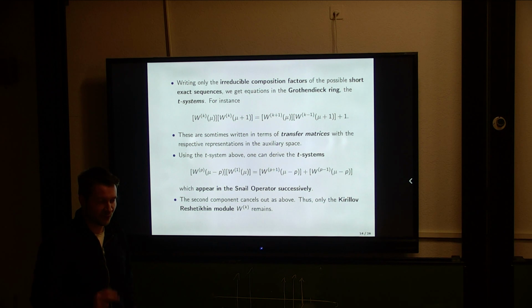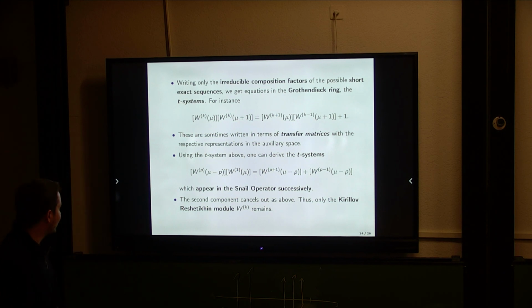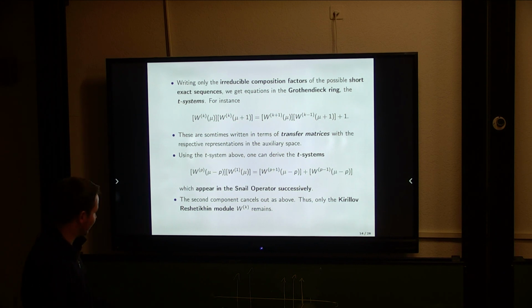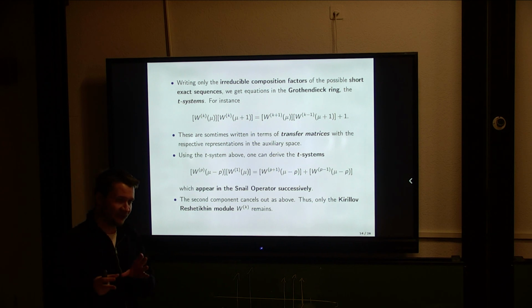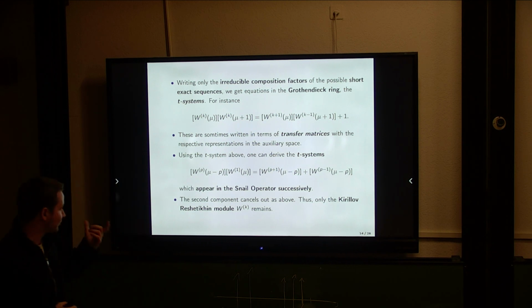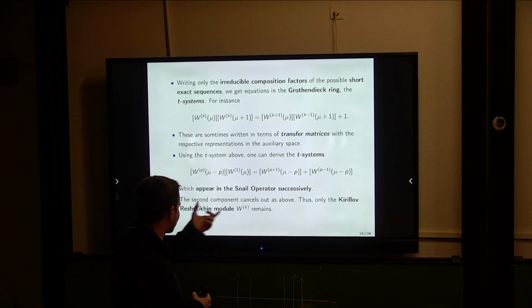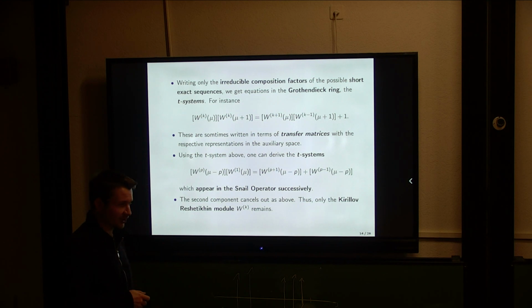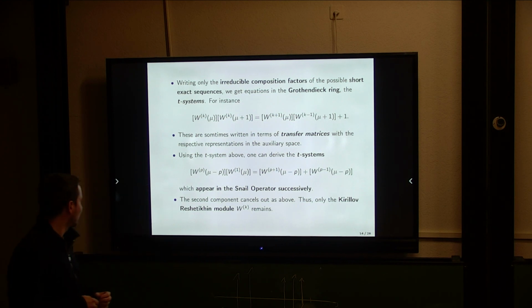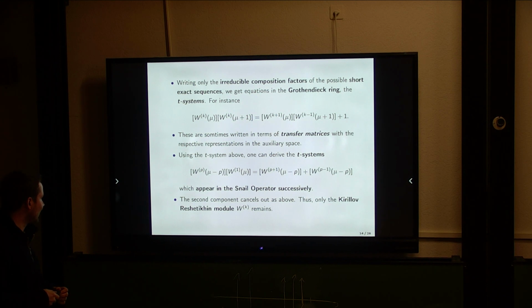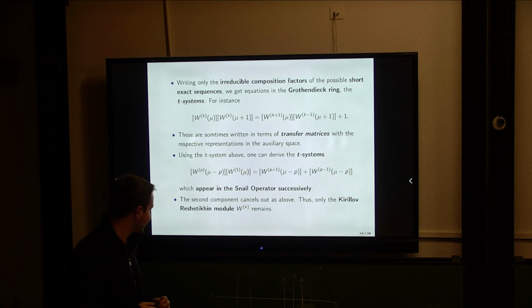Maybe you have already seen it, and it's called the T-system. Generally, in the T-system, the Kirillov-Reshetikhin module WK times another Kirillov-Reshetikhin module WK with some shift is the product of the higher Kirillov-Reshetikhin module times the lower Kirillov-Reshetikhin module plus 1. So this is what is called the T-system.